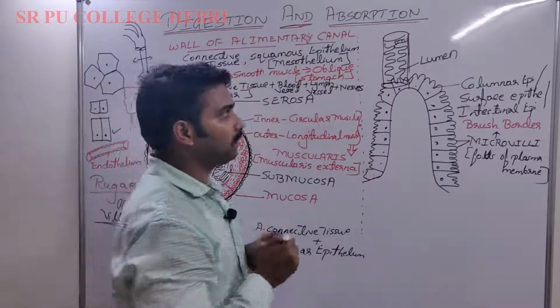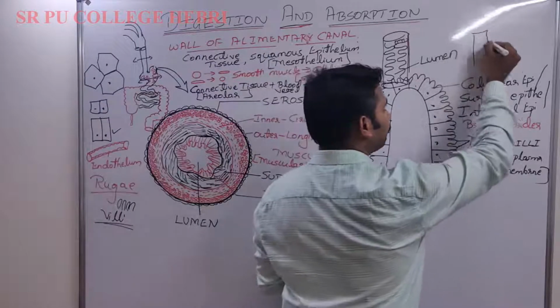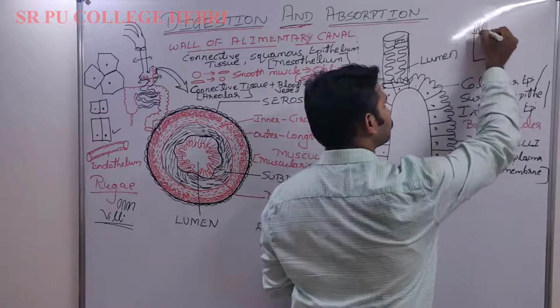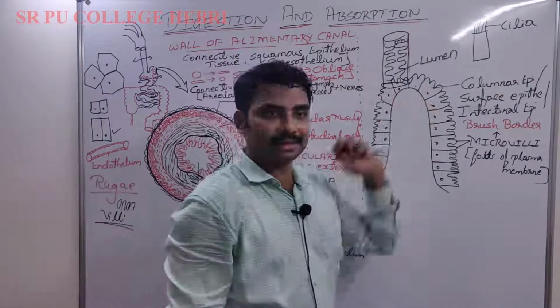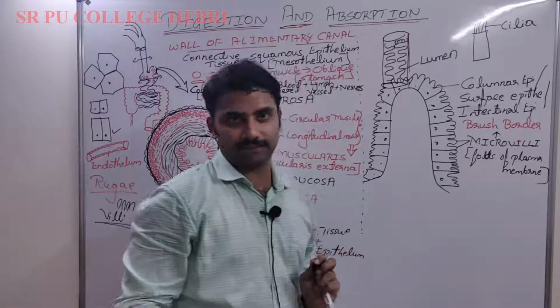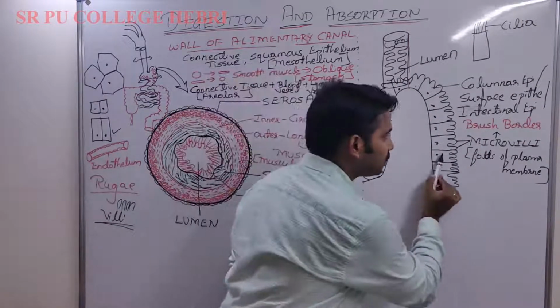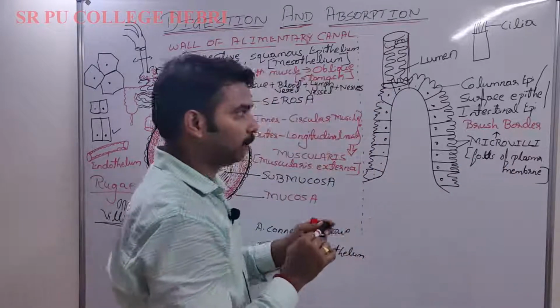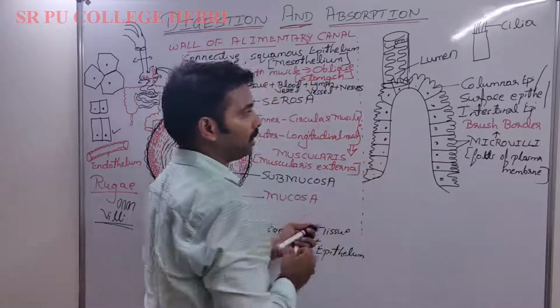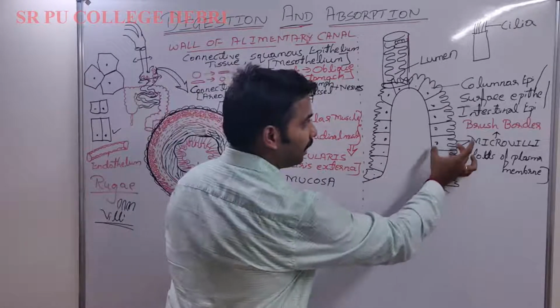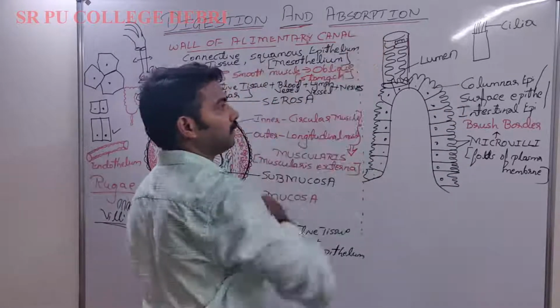So don't get confused with the term cilia. Cilia is different, microvilli is different. Is that clear? These foldings of the columnar epithelium are called microvilli, which give what kind of appearance under the microscope? Brush border appearance, which plays a very important role in which one?